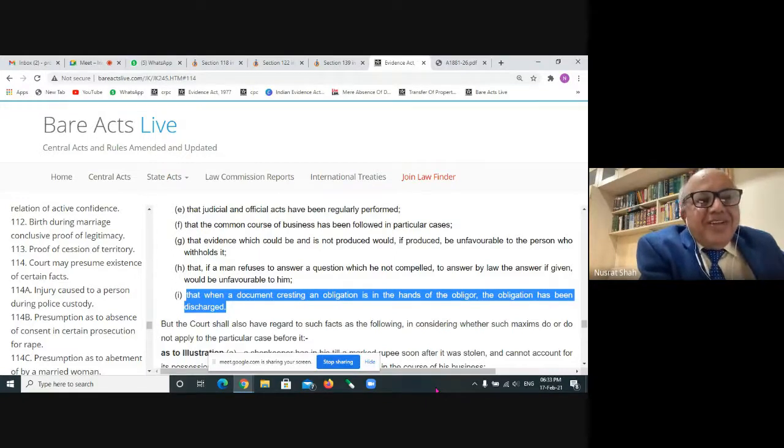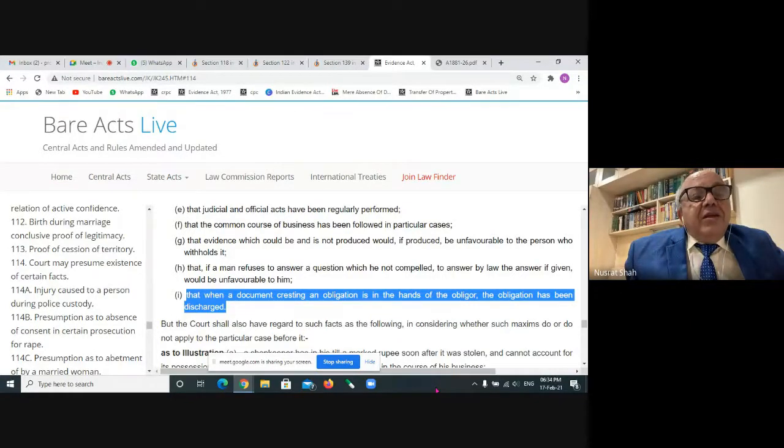Otherwise, the original remains with you. A money lender has lent money to Mr. X by execution of a promissory note. Now, the promissory note has come back to the person who borrowed the money. That means the money has been discharged. That is, the court may presume that nothing is payable. Otherwise, why would the original come back to me?